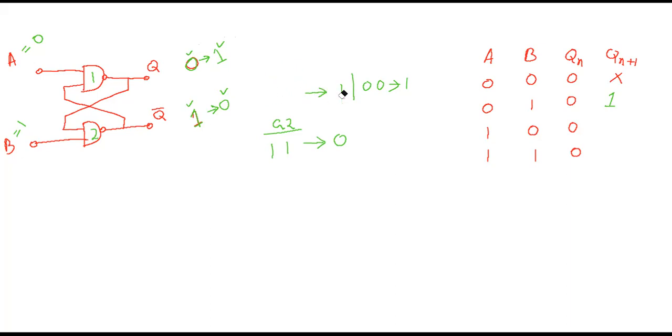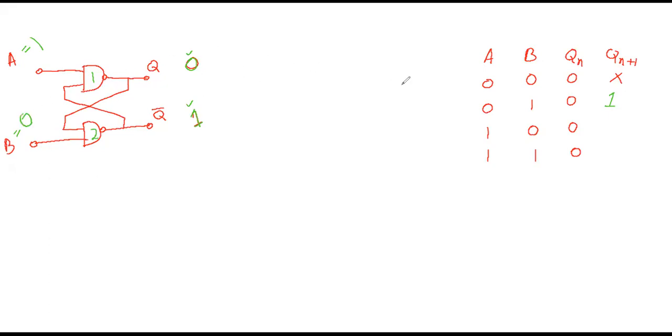Now I want to do it a little bit faster. And my assumption is this is 1 now and this is 0. And this is same.